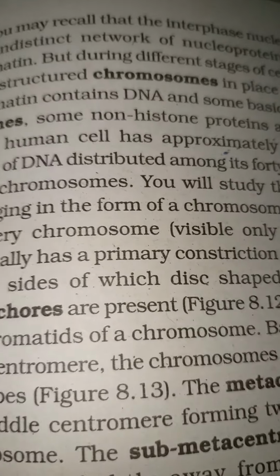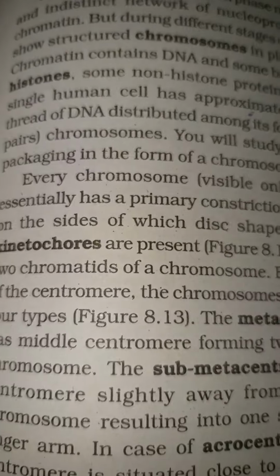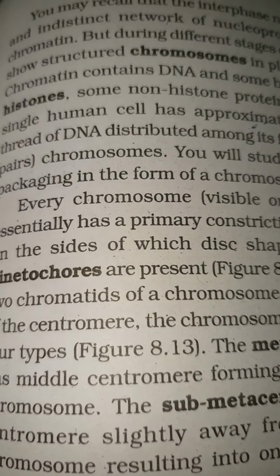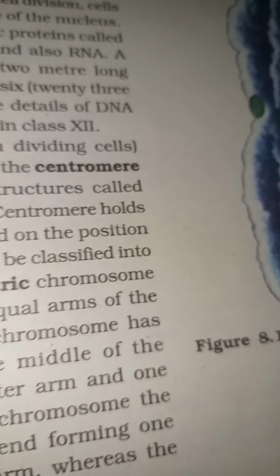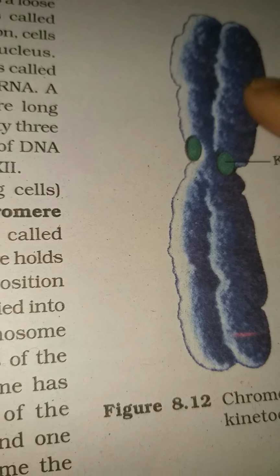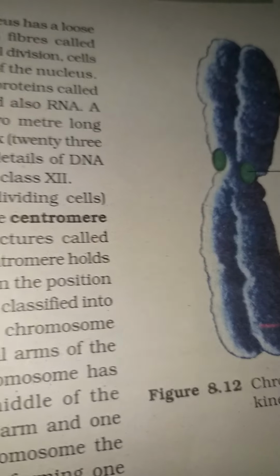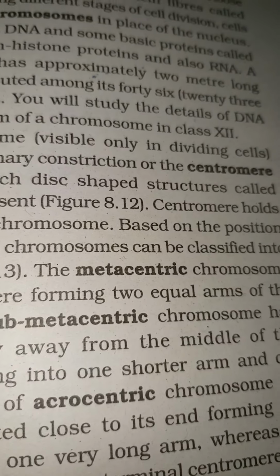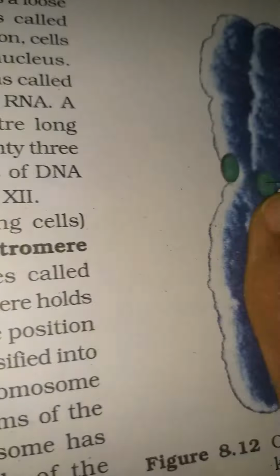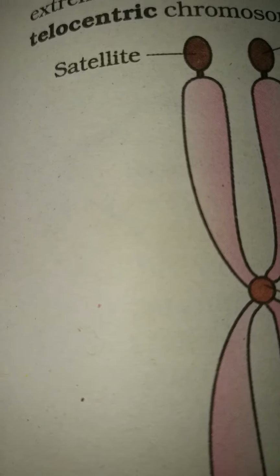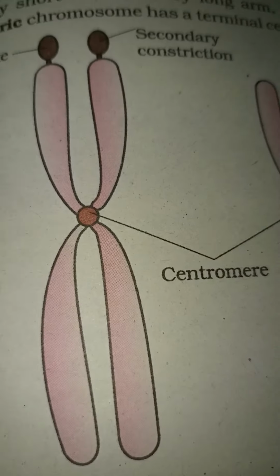Histone is a protein. When you come to your higher classes, the detailed structure of the chromosome will be taught. But at this stage you have to know that the chromosome is made up of DNA and protein. Sometimes RNA is also there, but at this stage you need to know this. Now this constriction, known as the kinetochore, is divided into 4 types. If the constriction is in the center, we call it metacentric.